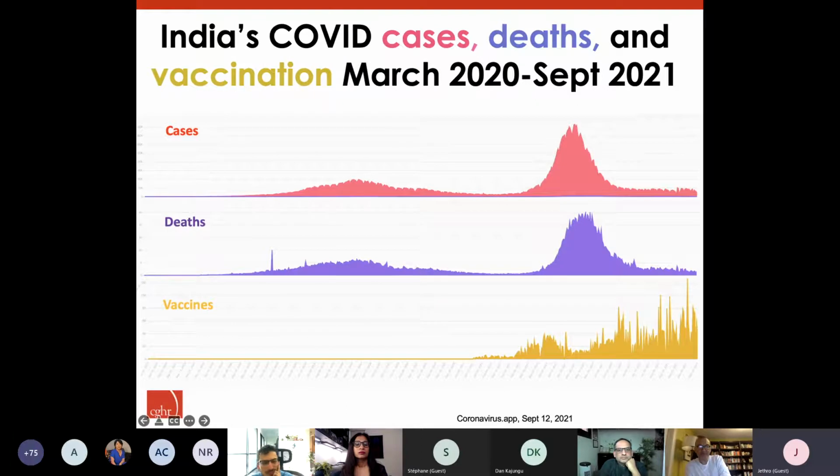So the Indian COVID patterns, as you have seen, have been characterized really by two large waves. The first one was approximately September, October of 2020, but then receded quite notably, and then a much larger wave of cases in April, May, June.